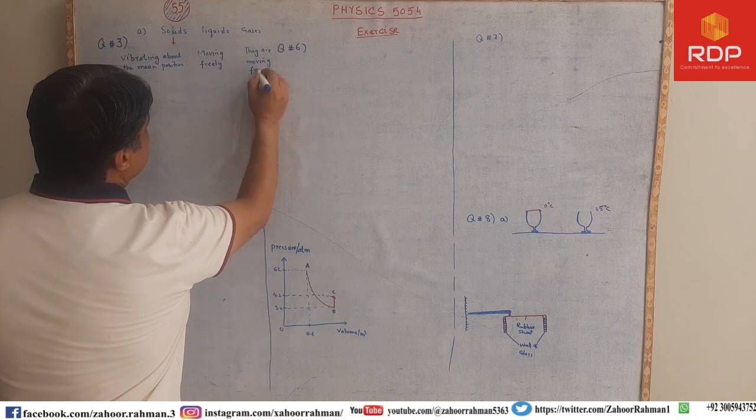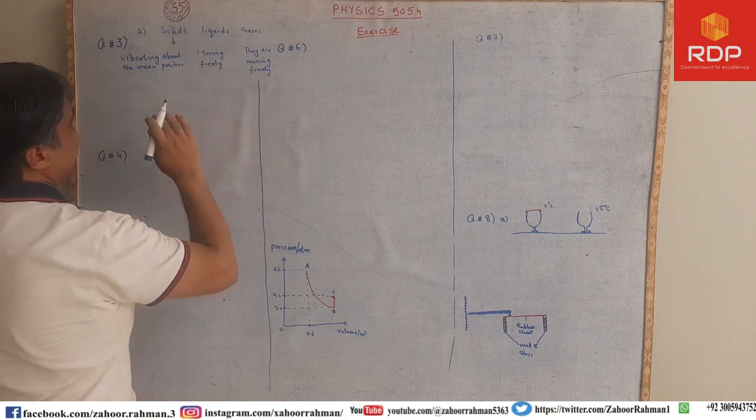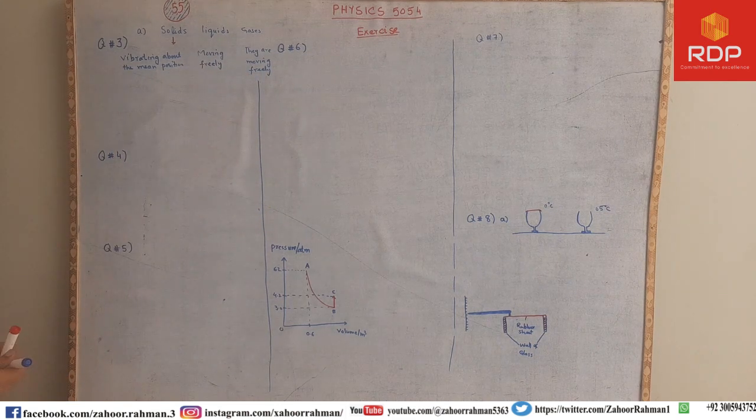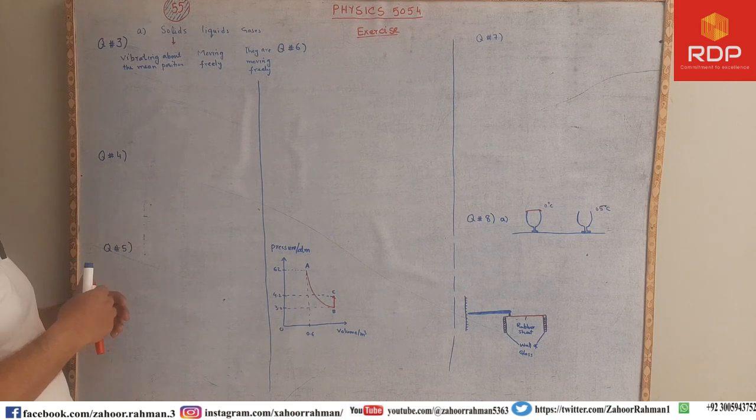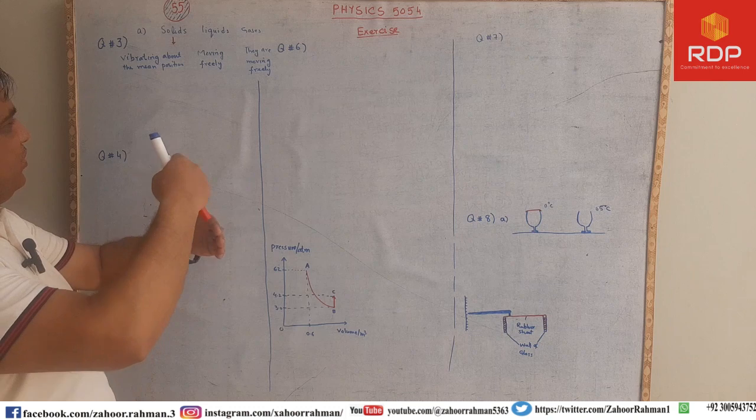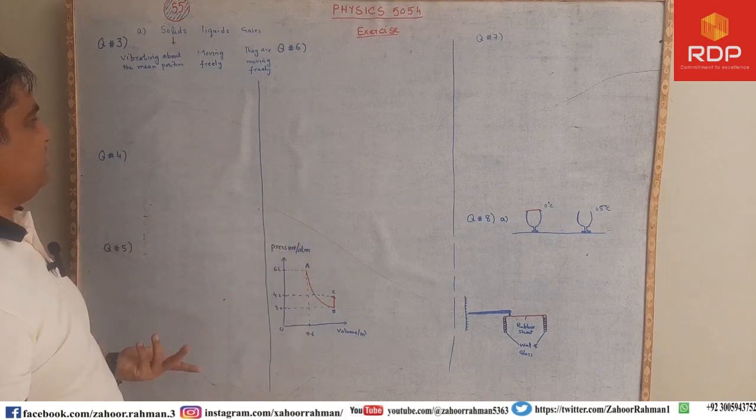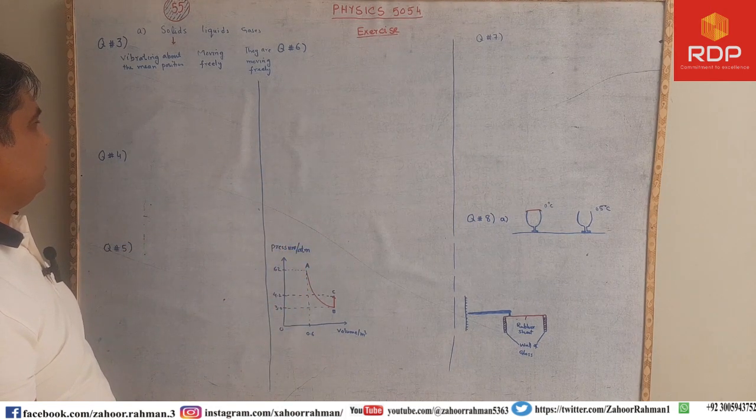In the case of liquid, they are bound with each other, but because they can slide over one another, it means they are free to move.